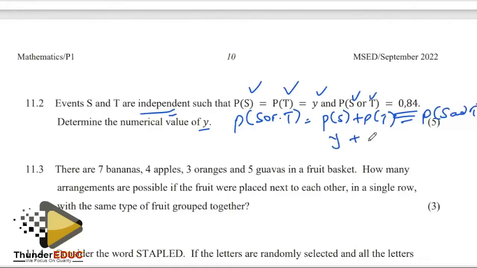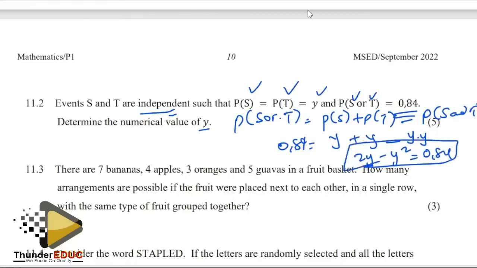It's y. What is T? It's y. Minus S and T; events are independent, so you multiply them. Is that what is happening? Is that going to make sense? Yes, 0.84. So that's 2y minus y squared is equal to 0.84. It's a quadratic, you solve it. That's why it's 5 marks.